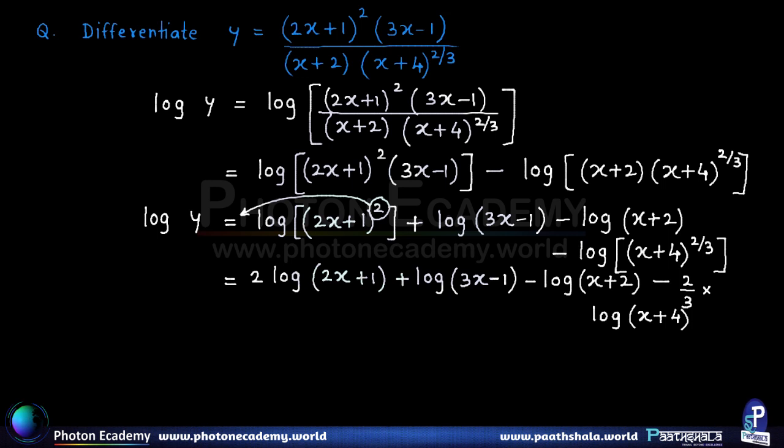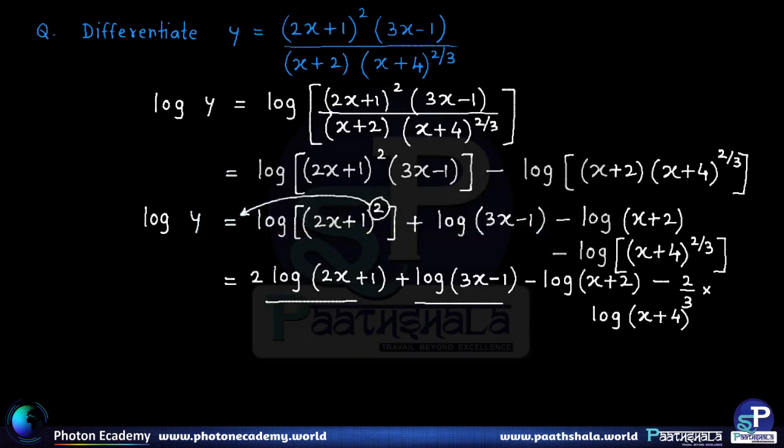So now we have to differentiate because we have taken the log and simplified. Now you see that we have 4 log terms on the right hand side. So it is very easy to differentiate the individual log terms.